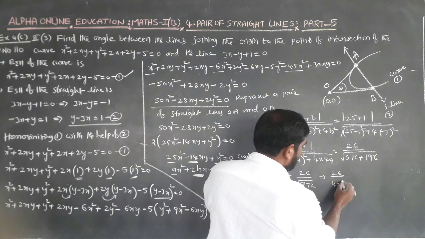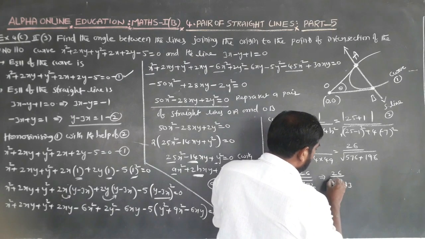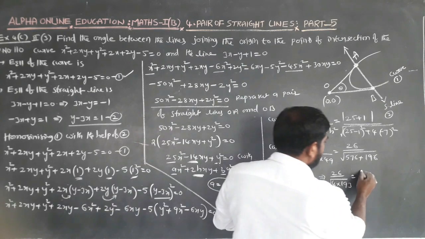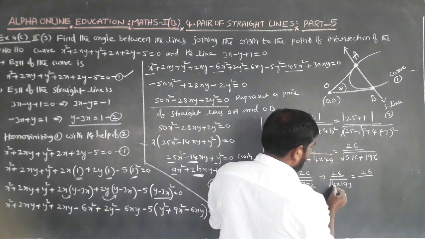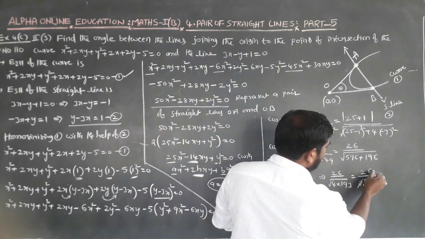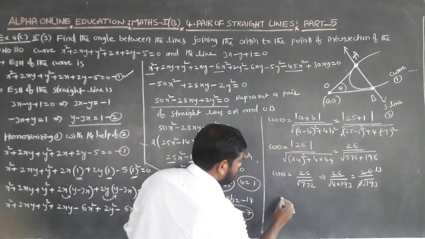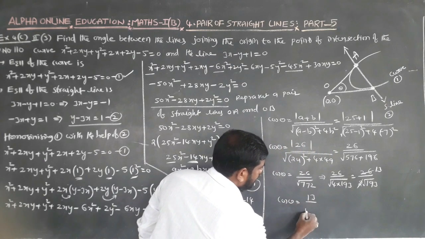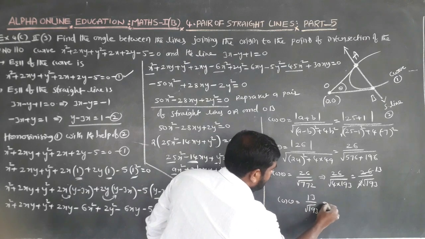772 is equal to 4 into 193. So 26 by root 4 means 2 root 193, and 2 13s are 26. So cos theta is equal to 13 by root 193.